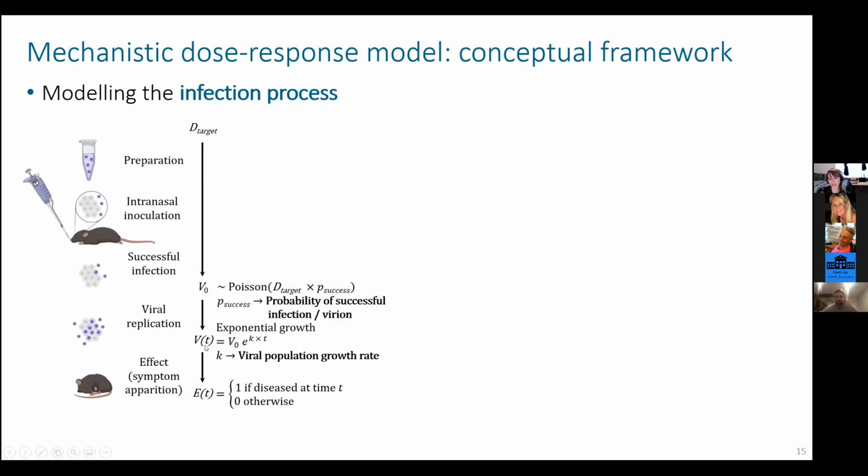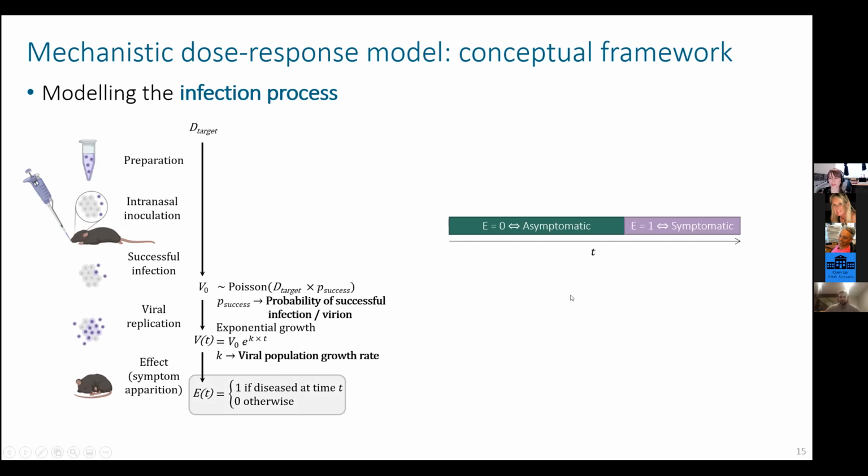And the link between the viral population and the fact of showing symptoms is actually where we need to think a bit harder. So we'll focus on what's happening here. Each individual is either asymptomatic or symptomatic, and will transition from asymptomatic to symptomatic after some time, potentially, or not.